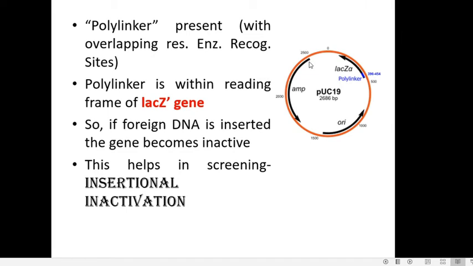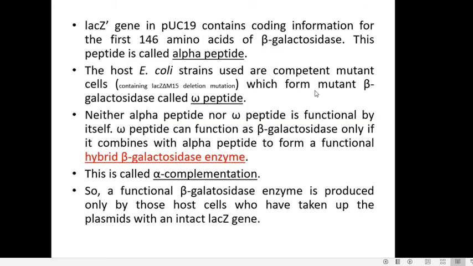The host cell itself has the inherent ability to produce the omega peptide, and insertion of this pUC19 gives the cell the ability to produce alpha peptide also. So in this host E. coli cell which contains pUC19, there will be production of both omega peptide and alpha peptide, thereby leading to the production of functional beta galactosidase enzyme.